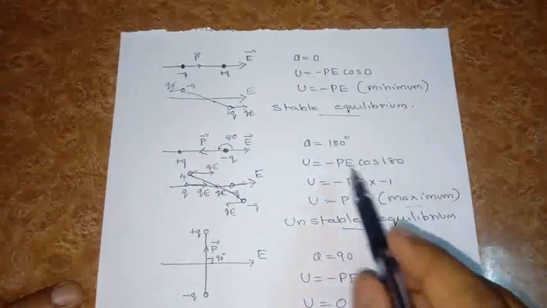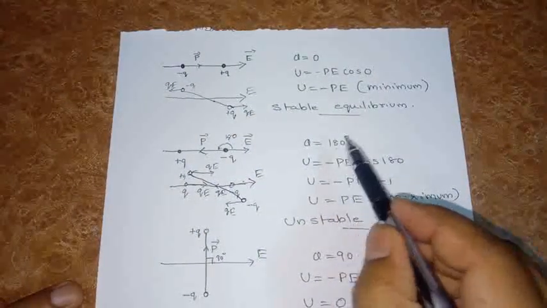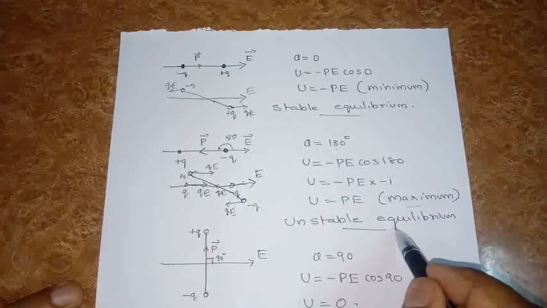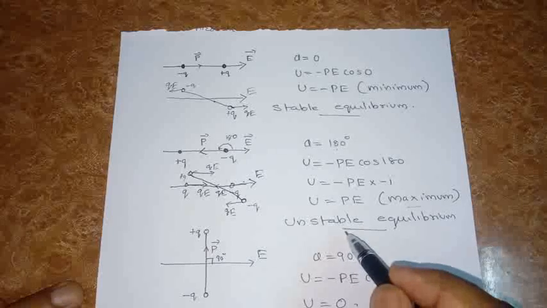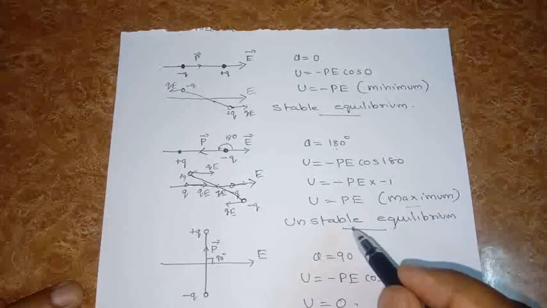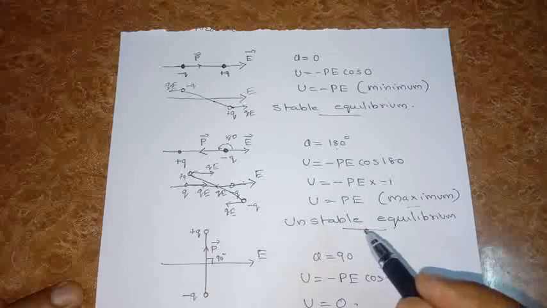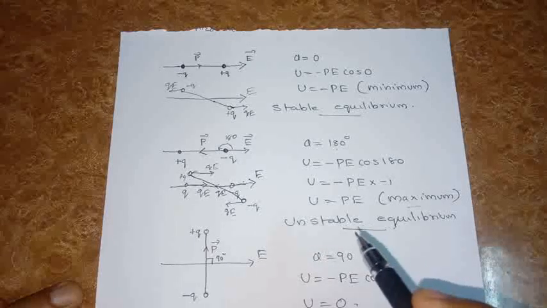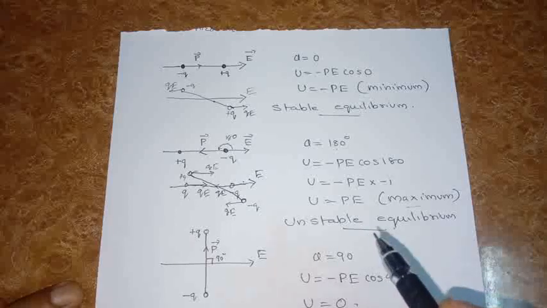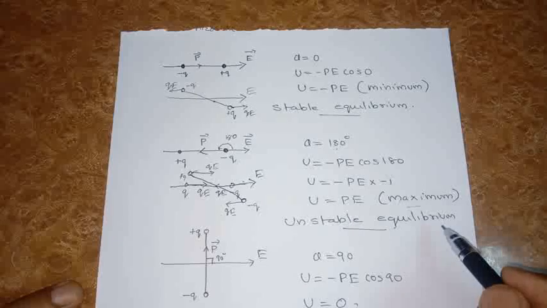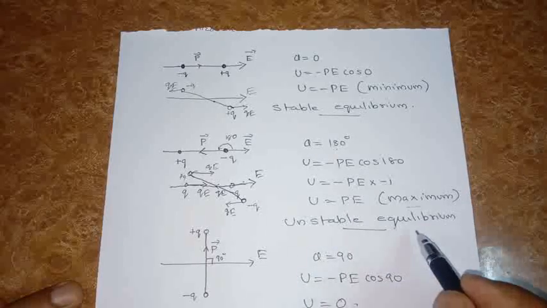So when theta is equal to 180 degrees, at that position the dipole is in equilibrium, but it is unstable. Why is it unstable? The slightest change in the orientation will create a torque, or a couple, and that couple will bring the dipole back to stable equilibrium. That is why it is called unstable equilibrium.